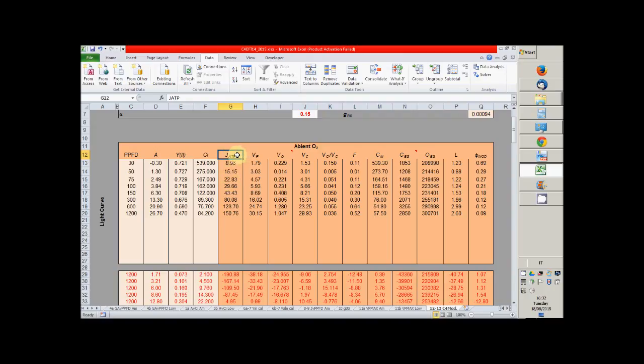JATP, the ATP production rate; Vp, which is PEP carboxylation rate; Vo, which is Rubisco rate of oxygenation; Vc, which is Rubisco rate of carboxylation; Vo over Vc; F, which is the photorespiration rate; Cm, which is the CO2 concentration in the mesophyll; Cbs, the CO2 concentration in the bundle sheath; Obs, the oxygen concentration in the bundle sheath; L, the leak rate; and phi, which is leakiness, which is L over Vp.